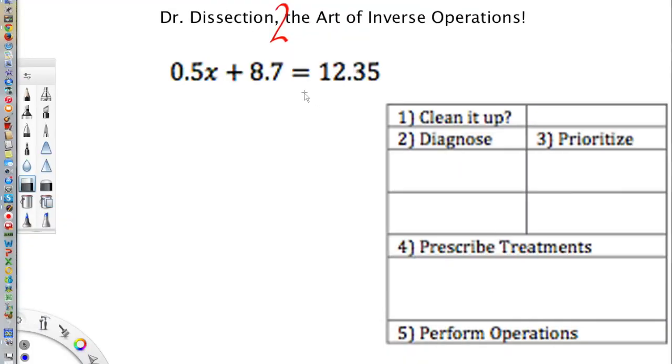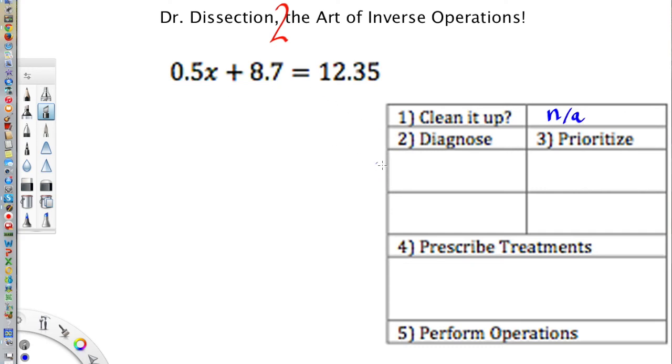Let's take a look at our problem. Can we clean this guy up at all? No, there's nothing to simplify. So cleaning up is not applicable. Let's diagnose then our injuries.